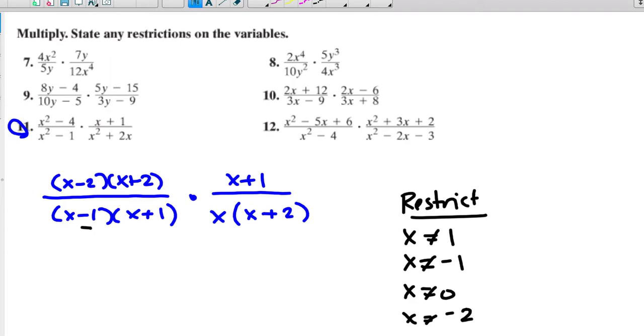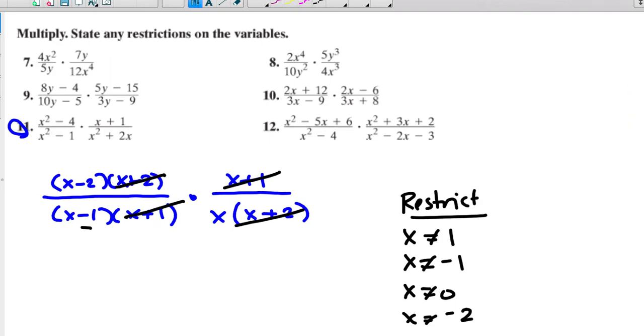Now we're going to multiply, canceling any like expression from the numerator to denominator. So we have an x minus 2 here, but we do not have an x minus 2 in the denominator. We have an x plus 2 in the numerator, and we have an x plus 2 in the denominator. We have an x plus 1 in the numerator, and we also have an x plus 1 in the denominator.